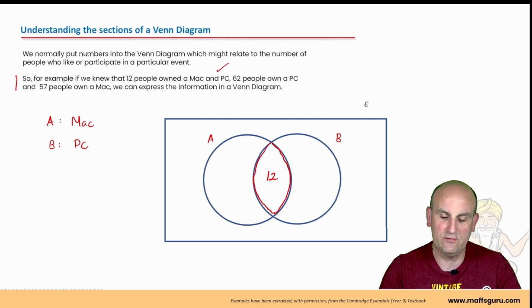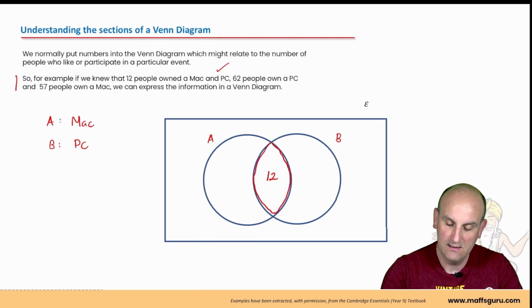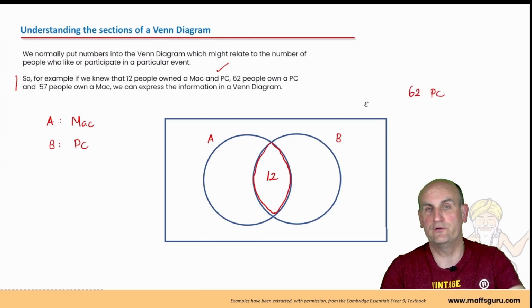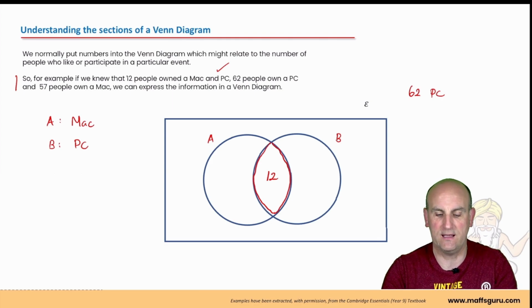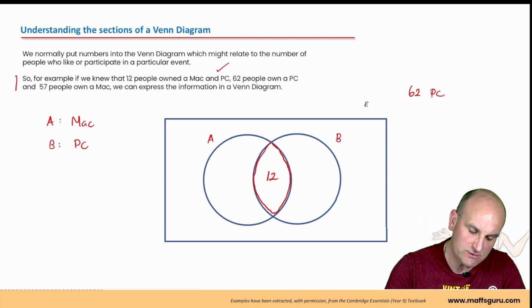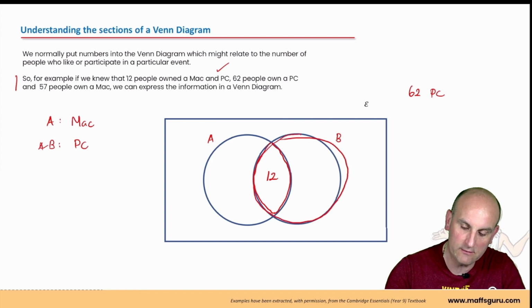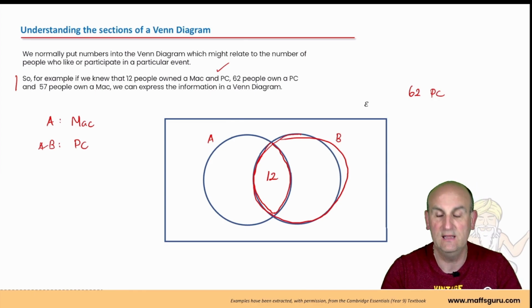It then goes on to say that 62 people own a PC. Now that actually includes the people who own a PC and a Mac. Because I'm choosing event B for a PC, it means all of the people in the big circle I'm now drawing around really, really badly own a PC.